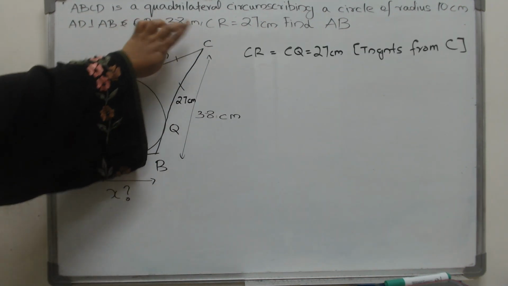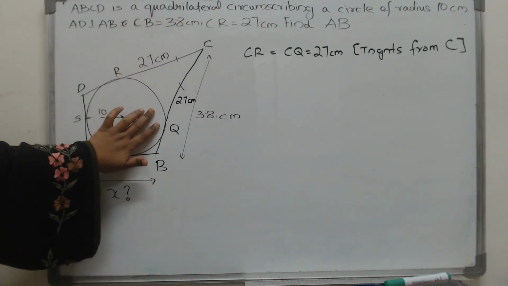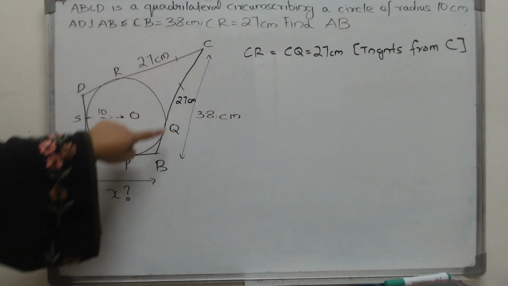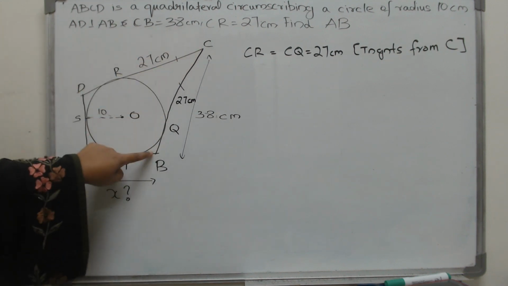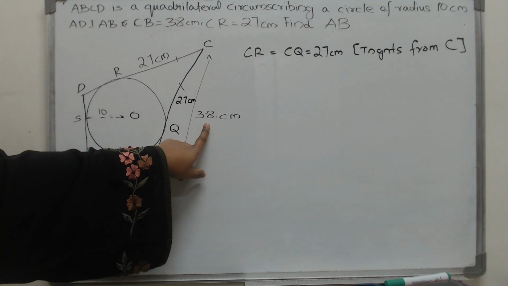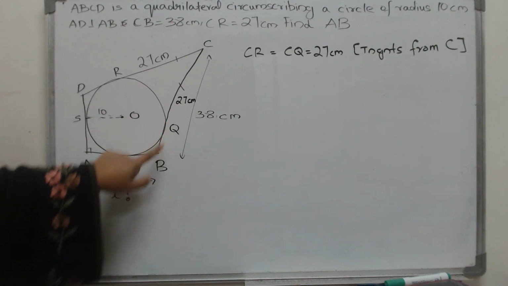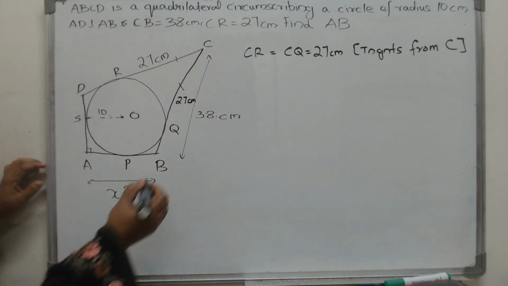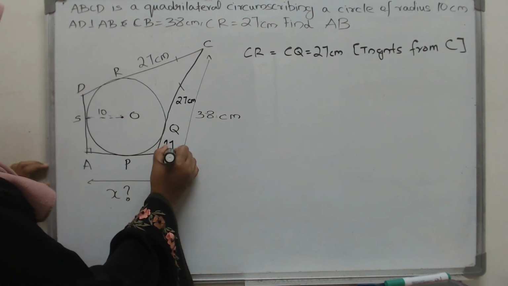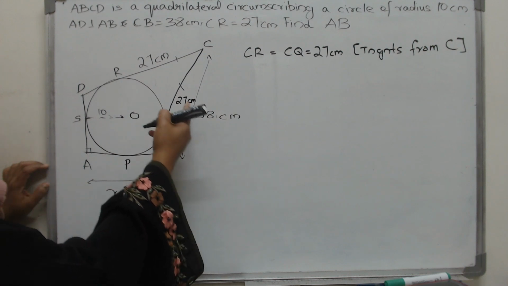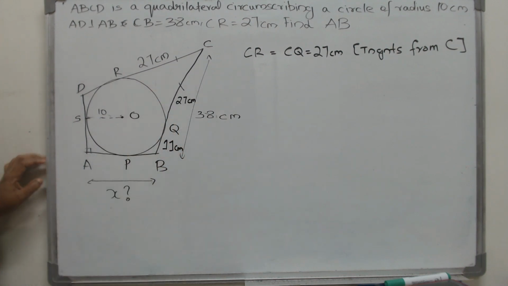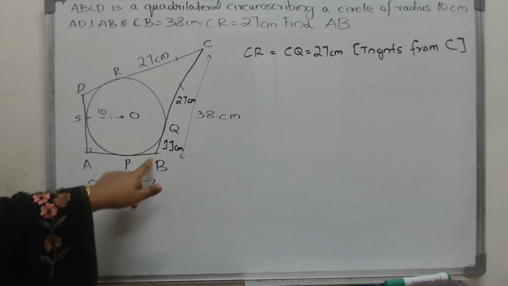Now we have found out that CQ is 27, but the whole line segment CB is 38 centimeters. If this is 27, that means what? This line segment here, QB, is what? 11 centimeters. It will be 38 minus 27. But then what is BQ?